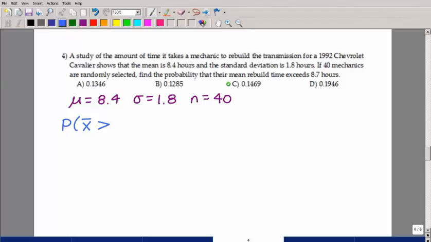Probability of X bar greater than 8.7, excuse me, exceeds 8.7 hours.